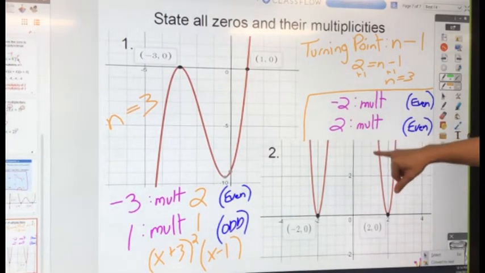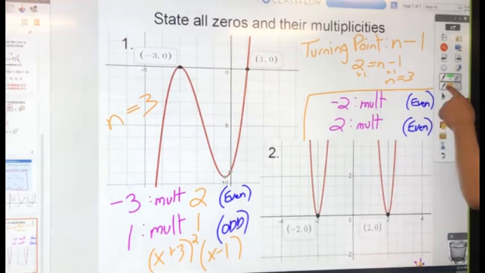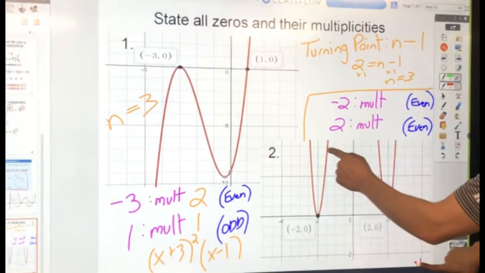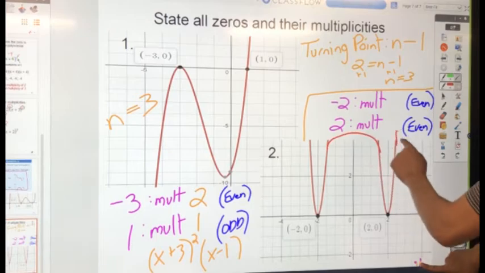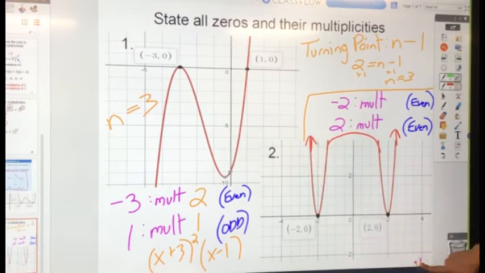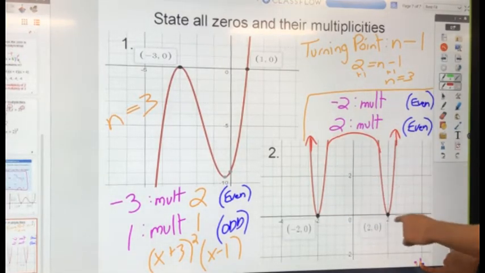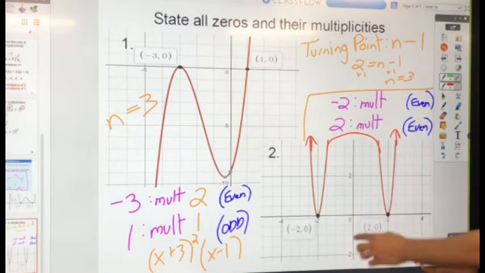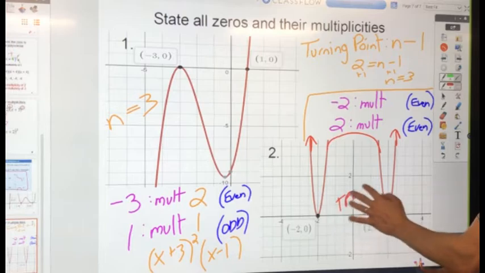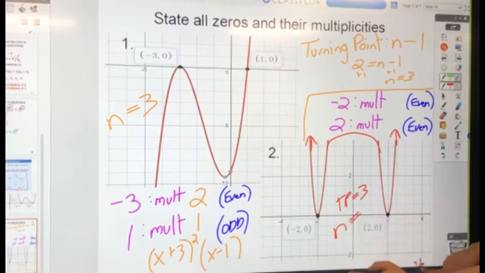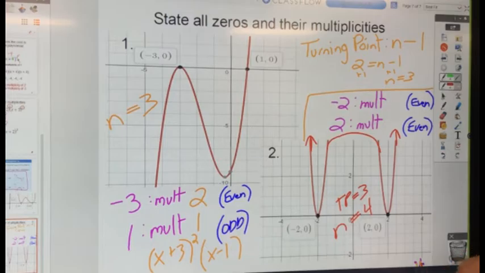Let's try to do the same thing here. This is a little cut off, but let's assume that this connects here and this goes on to infinity. So it has how many turning points? 3. So turning points is 3, which means n equals 4.